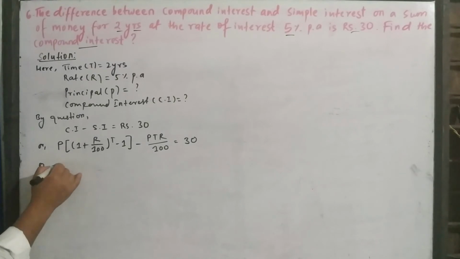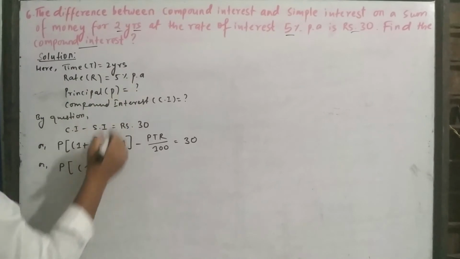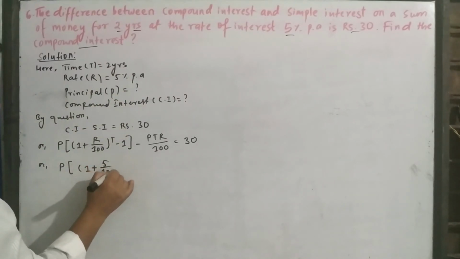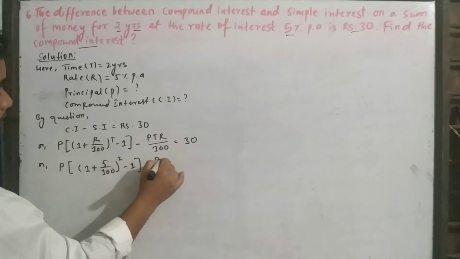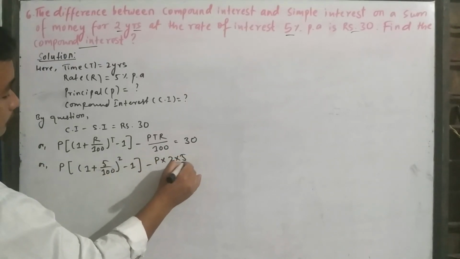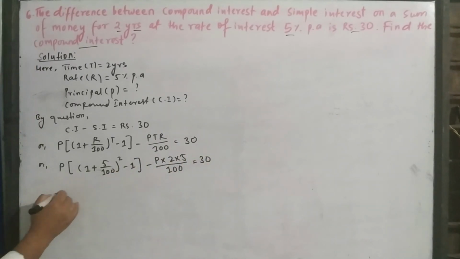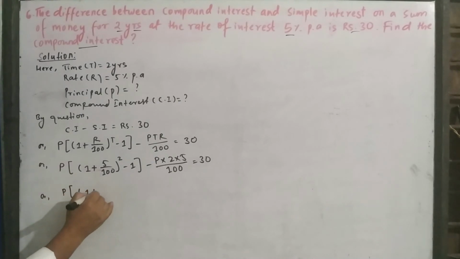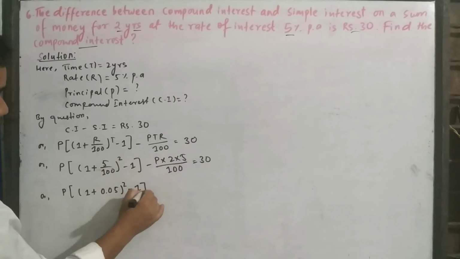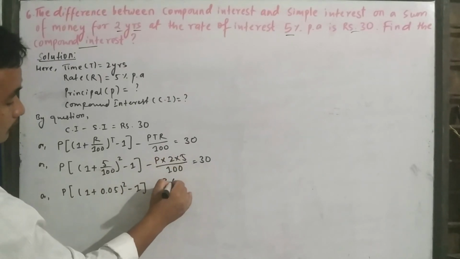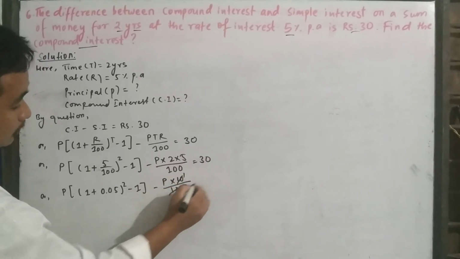Or P into 1 plus value of R is 5 divided by 100, value of T is 2, minus 1, minus P into time is 2, rate is 5 divided by 100, equals to 30. Or P into 1 plus 5 divided by 100 is 0.05, square minus 1, minus P, 5 twos are 10 divided by 100. 10 ones are 10, 10 tens are 100.